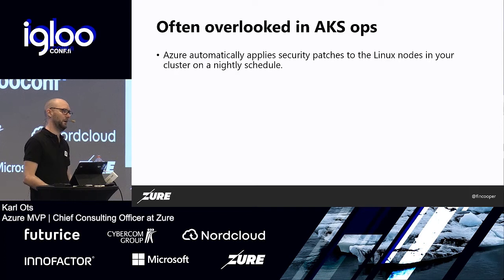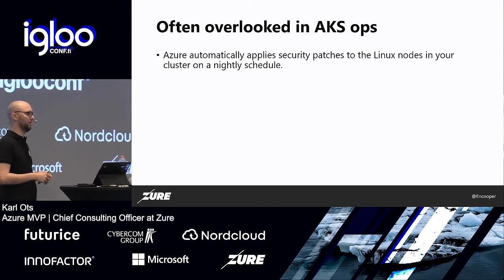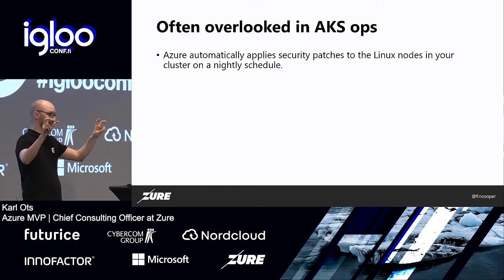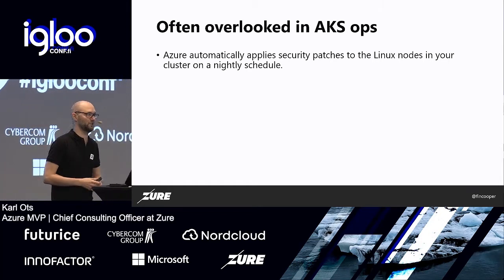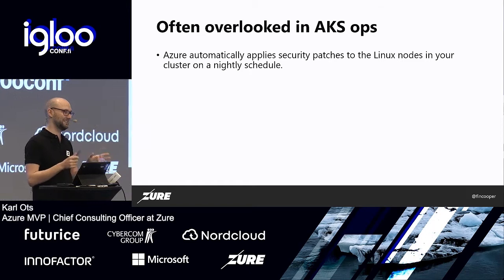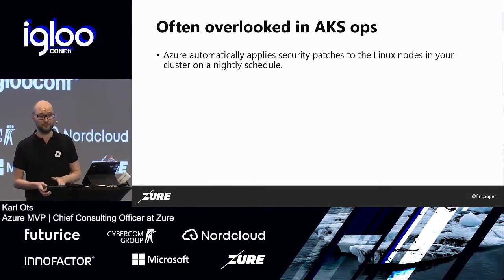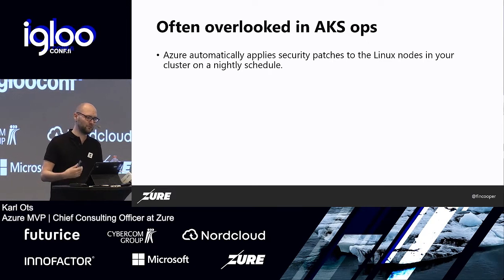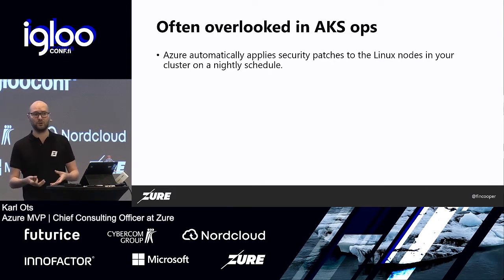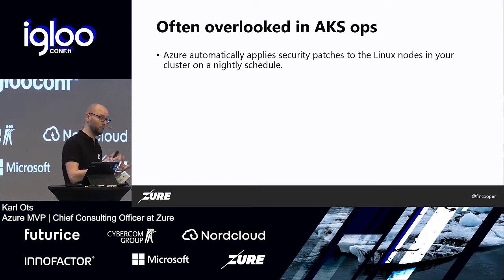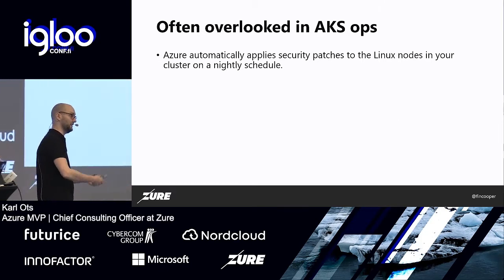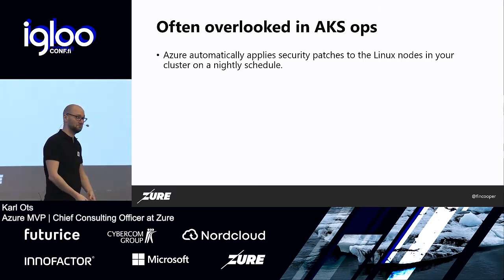Even though AKS has been called by some platform as a service, or Kubernetes as a service, as the name would suggest, there are still some things that we need to do. And I really can't stress this enough. Azure does automatically apply those security patches to those nodes, the virtual machines sitting in our Kubernetes cluster. That's fine.